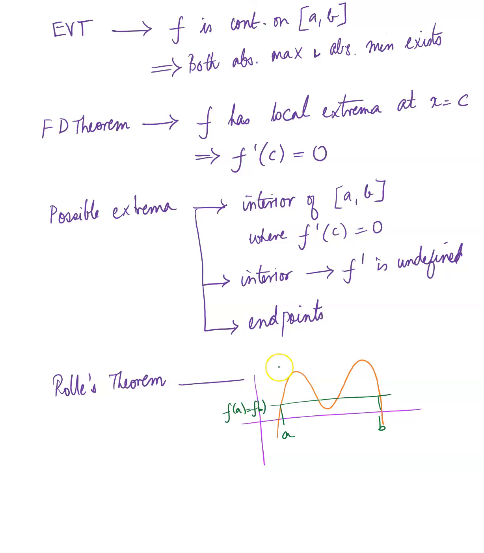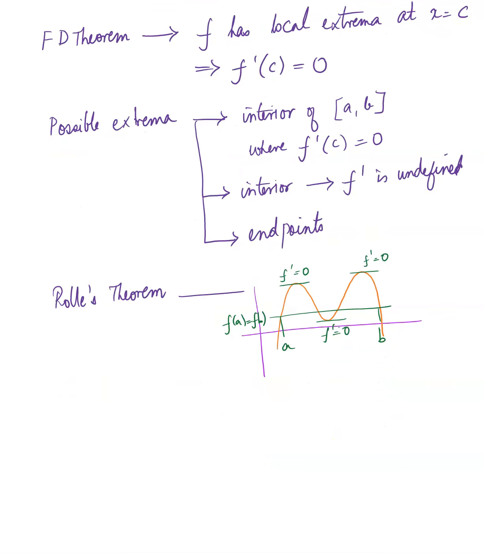Then we said we can find horizontal tangents there. I'm not going to write that information, but we know that these were the places where we found f prime to be 0, whatever those positions were, c1, c2, c3, say.